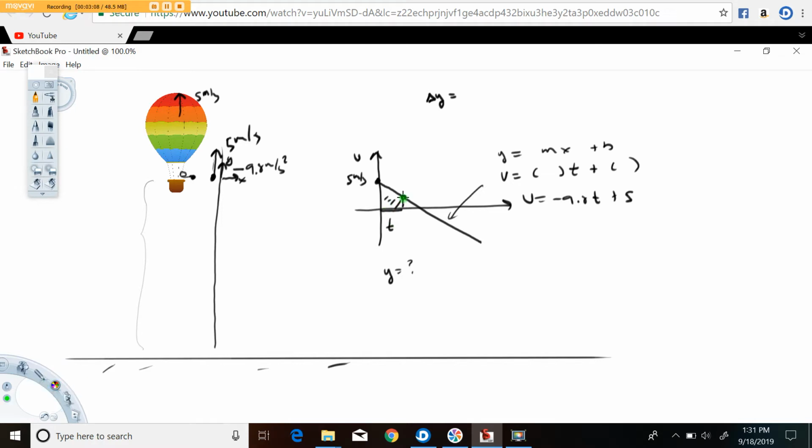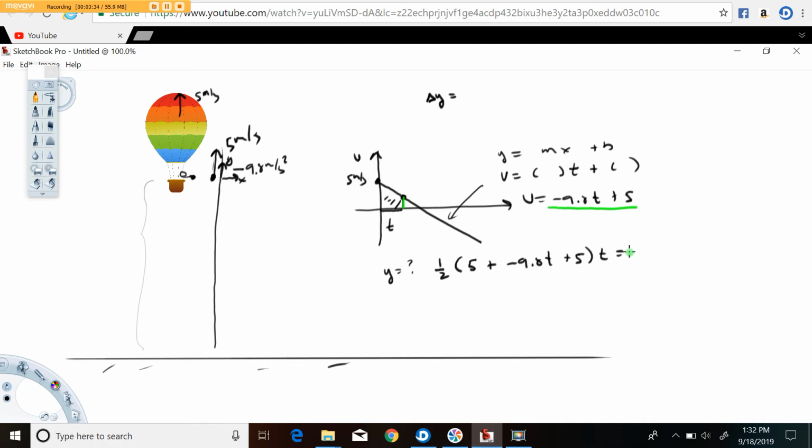And then this vertical distance here is described by this function. So when we find our area, our change in y, it's going to be 1/2. The left-hand side of the trapezoid is 5. I'm going to leave the units out. The right-hand side is described by this function, negative 9.8t plus 5. And then times t.